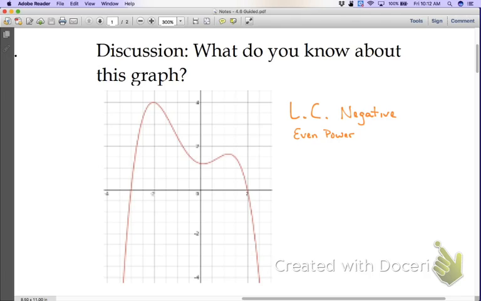Even power or degree. What do you think your degree is? 4? Why 4? Because it changes directions 4 times, right? Most likely 4.